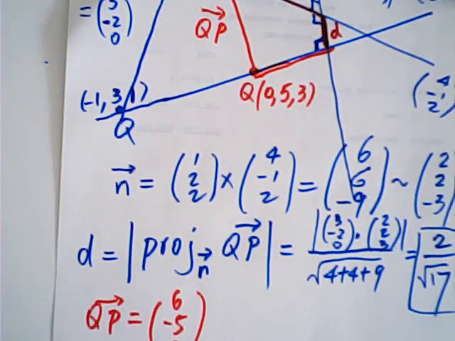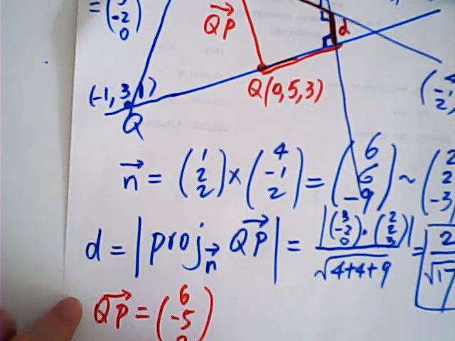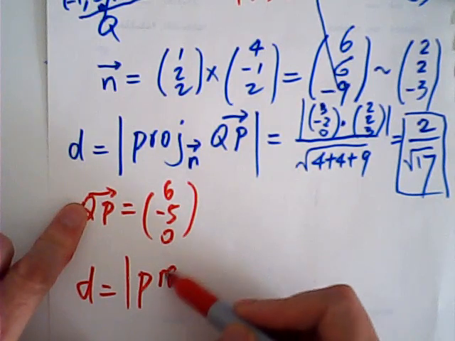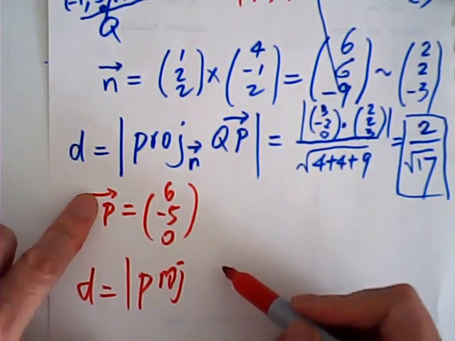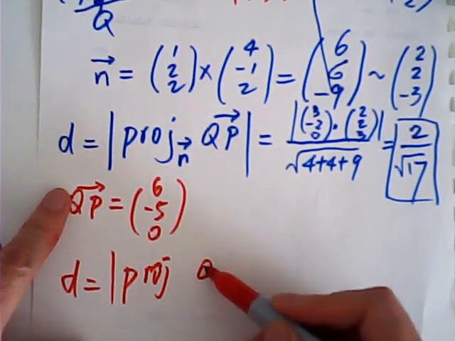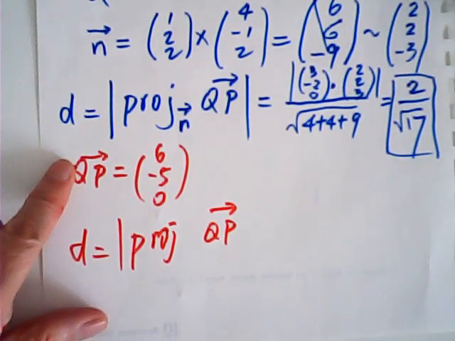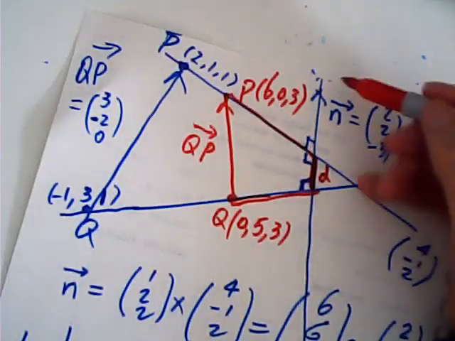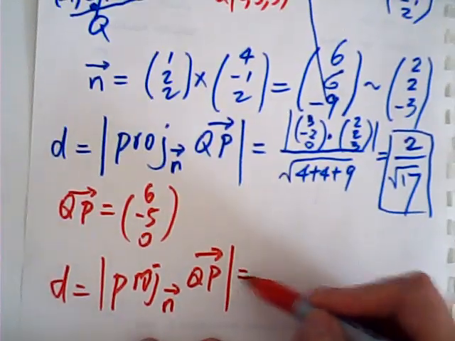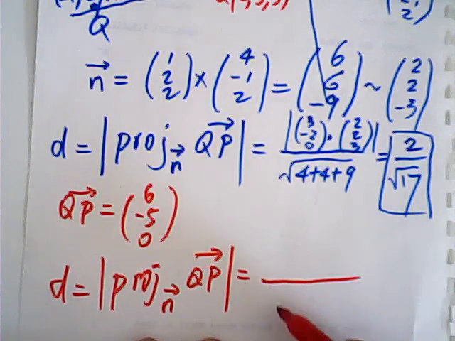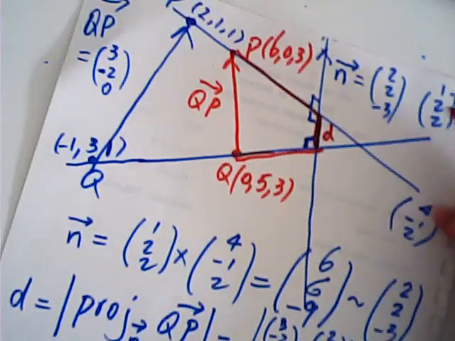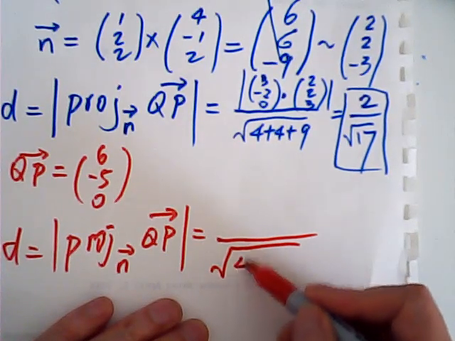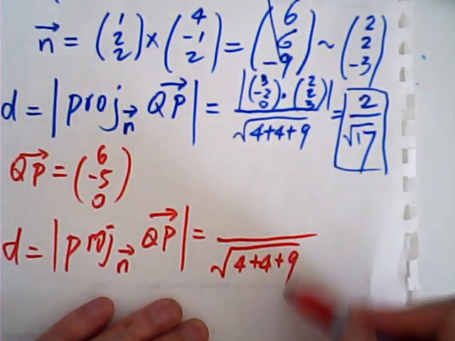Okay. Then my distance is equal to the absolute value of the projection of QP onto the normal vector, this vector, which is equal to square root of 2 squared, 2 squared, 3 squared, right?